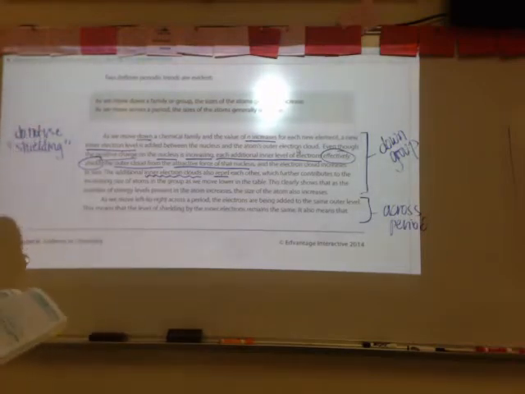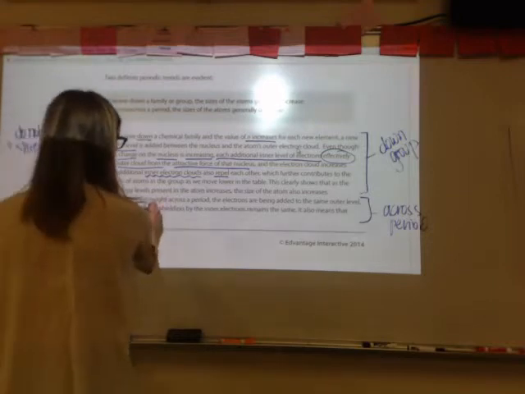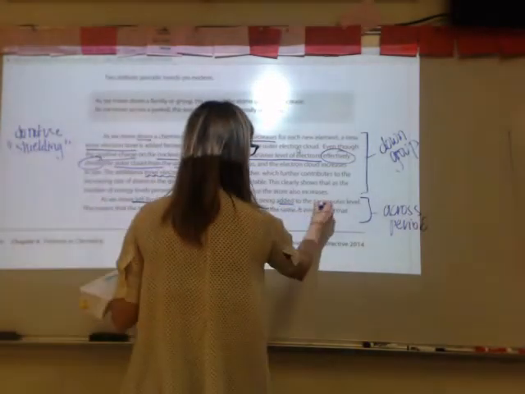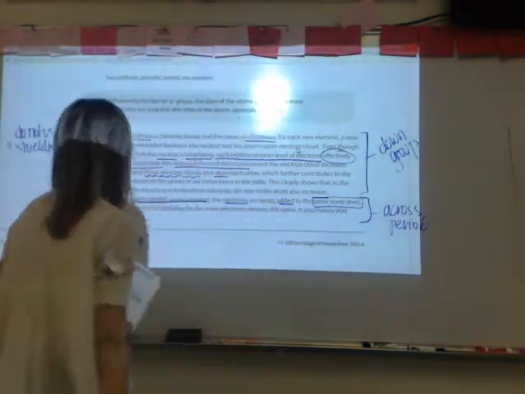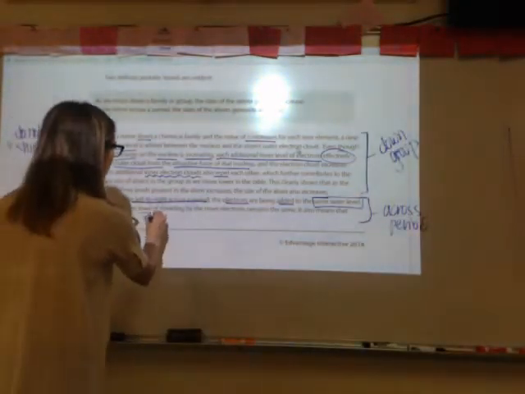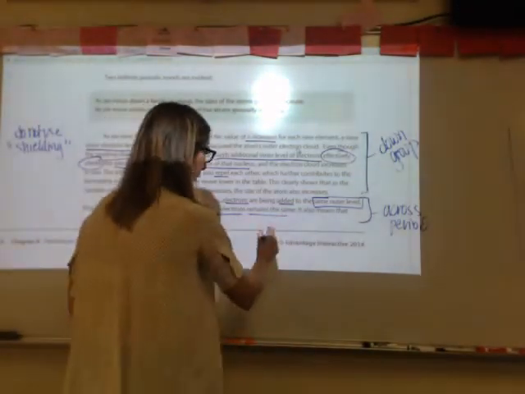Down here, as we move across a period from left to right, the electrons are being added to the same outer level. That means that the level of shielding by the inner electrons remains the same.